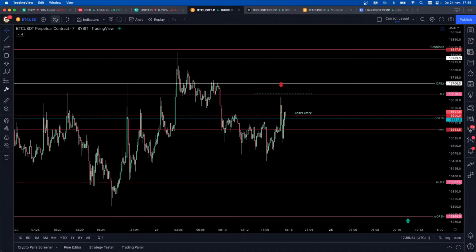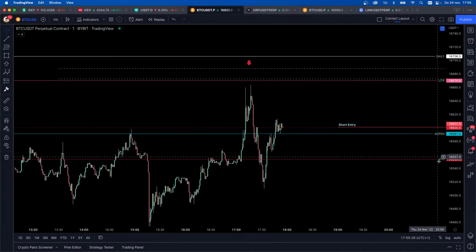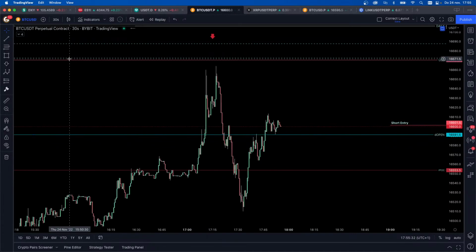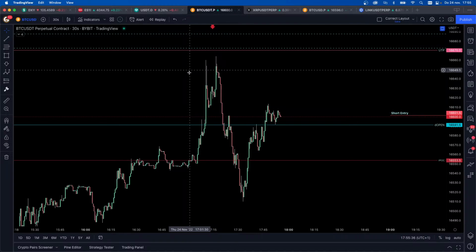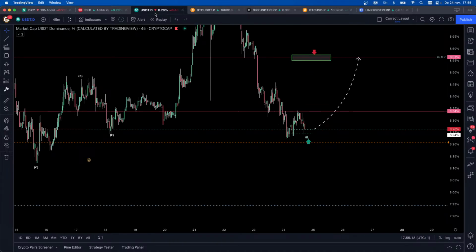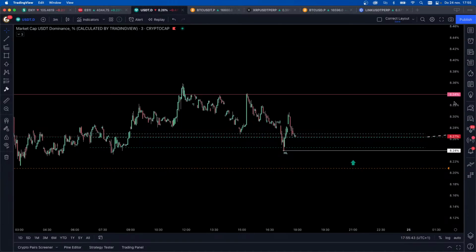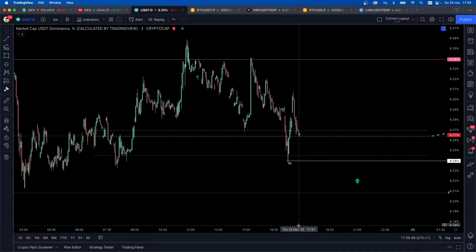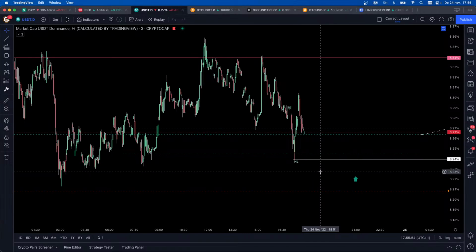I'm just going to close it at break even. I'm just deciding what I will do here. But the way USDT is looking is very bearish still.